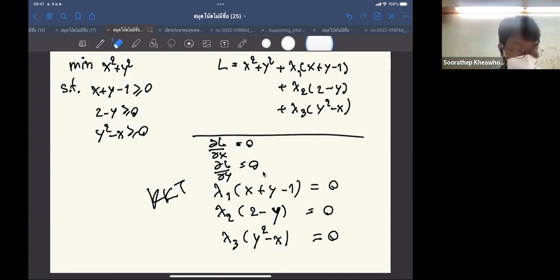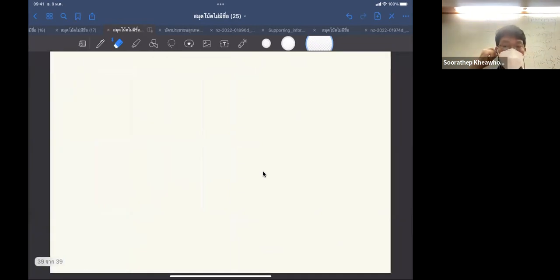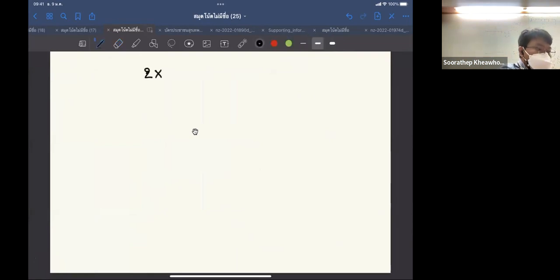It's an iPad. Okay, so the KKT condition, we have 2x minus lambda 1 minus lambda 3 becomes 0. Is it correct? With respect to x1.